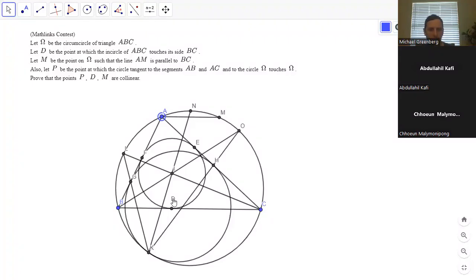So angle KDB, if we can calculate that, I think that would probably solve the problem. ABK is similar to KDC. So KBL, is that similar to some other triangle?